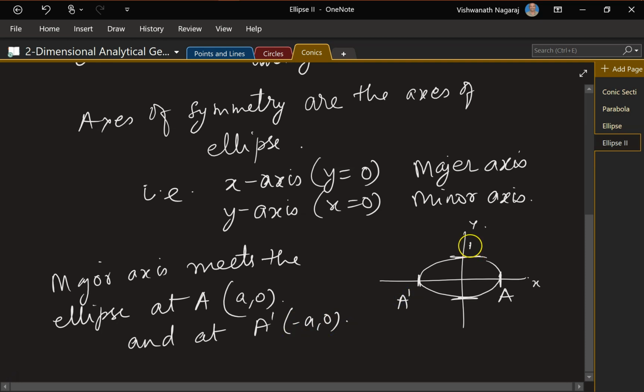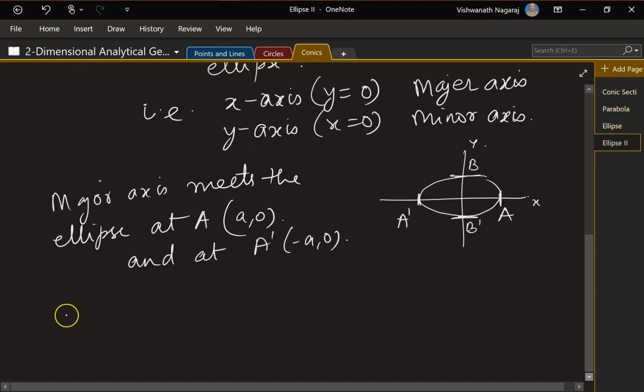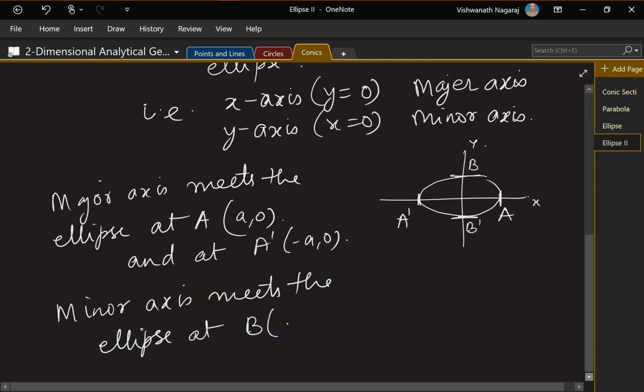Similarly B, B dash. Similarly the minor axis meets the ellipse at B (0, b) and B dash at (0, -b).